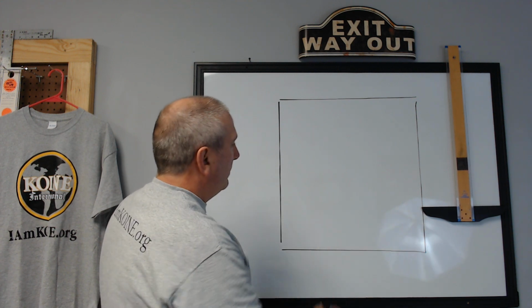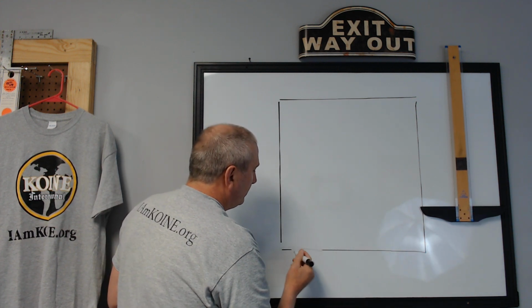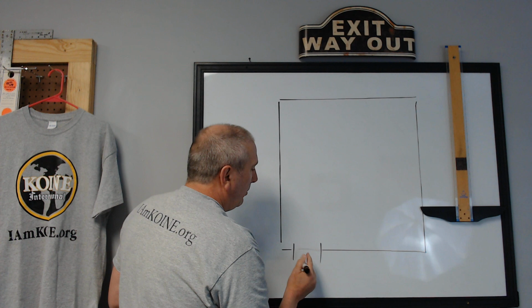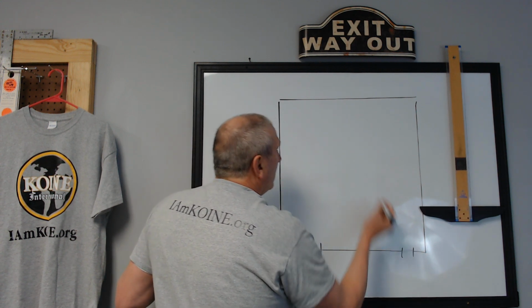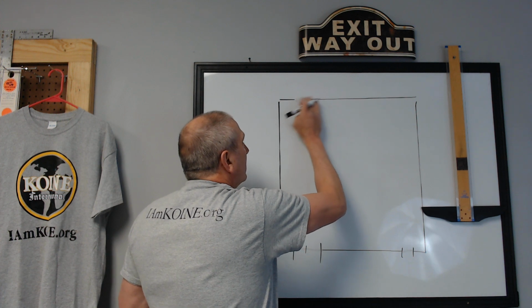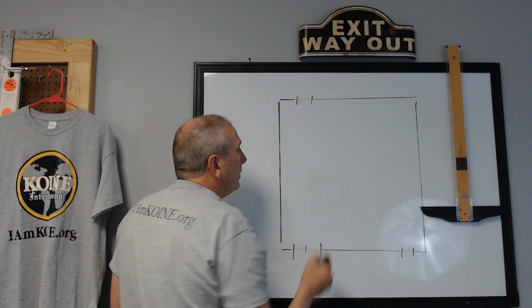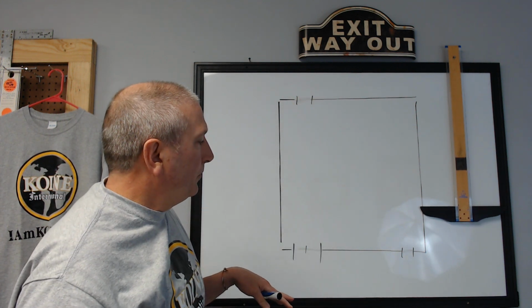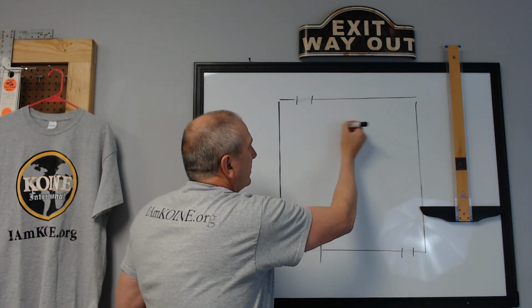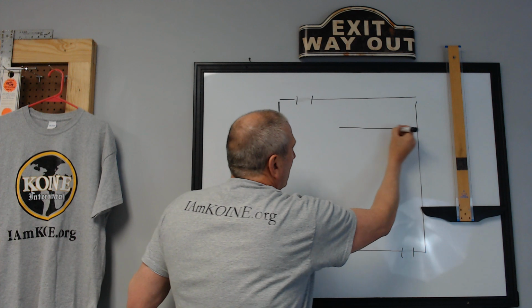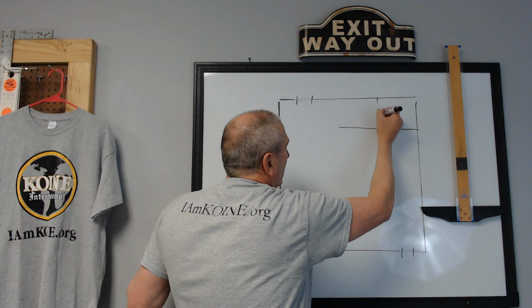But in our case, we have an entrance here, a large double entrance, and then we have a single here, then we have the exit here. And of course, our building is literally partitioned already.